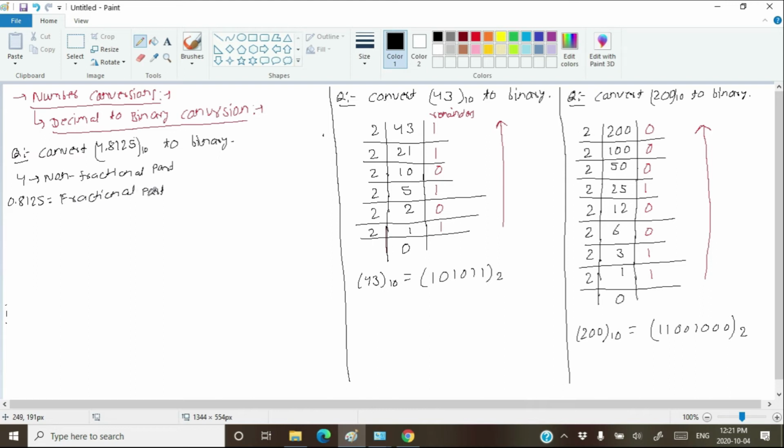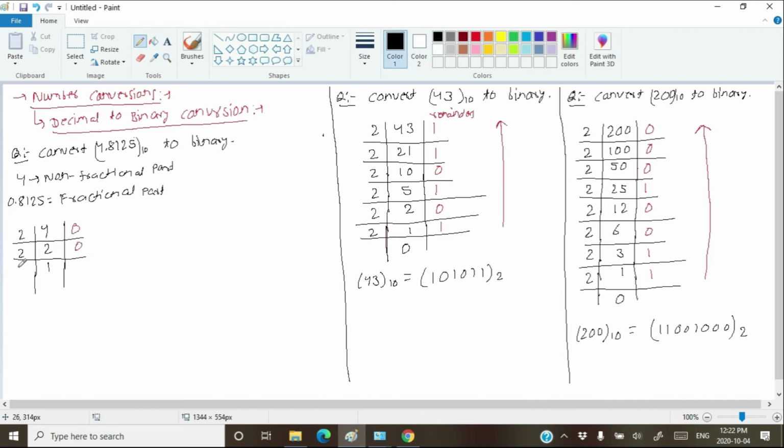Now what you have to do is convert the non-fractional part by using repeated division. So you have the non-fractional part 4, divide 4 by 2 and here you get 2 as the quotient and 0 as your remainder. Again you divide the latest quotient by 2, you get 1 as the quotient and 0 as the remainder.